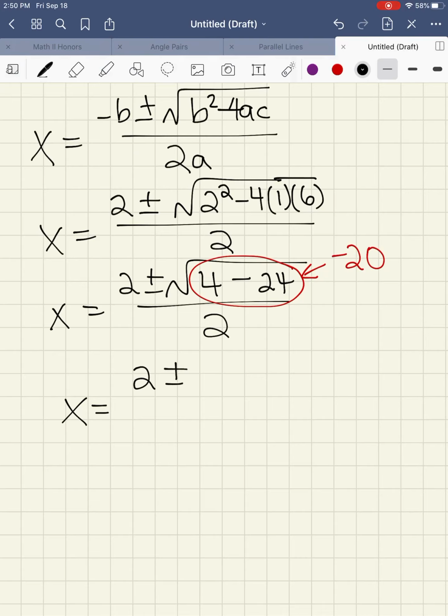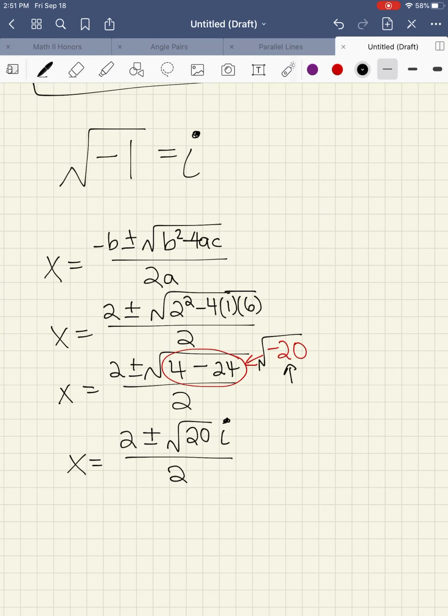So we would have 2 plus or minus the square root of 20 i. So instead of saying the square root of -20, like we would up here, we say the square root of 20 and then times i to signify that it was an imaginary number, and then divide by 2.